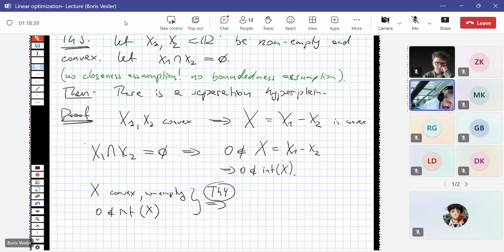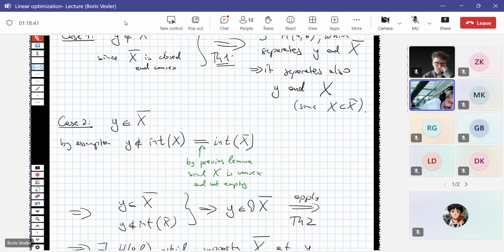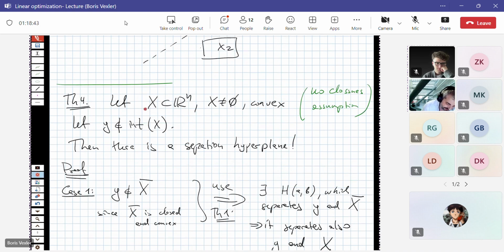Yes, our theorem 4 was exactly this situation. We have a set, and we have a point not in the interior, and then there is a separation plane.